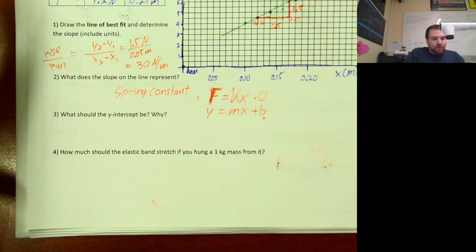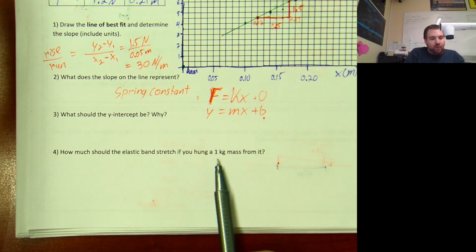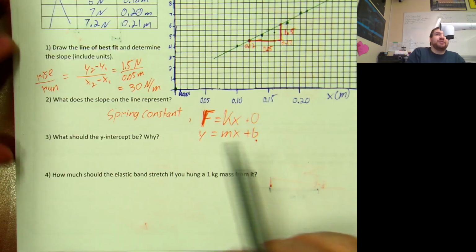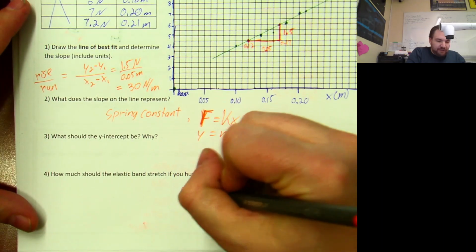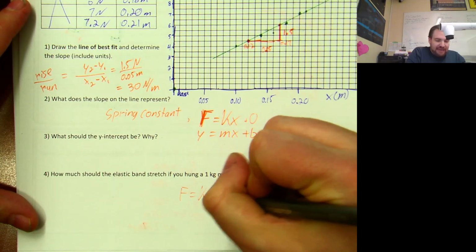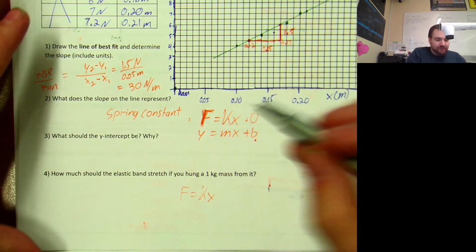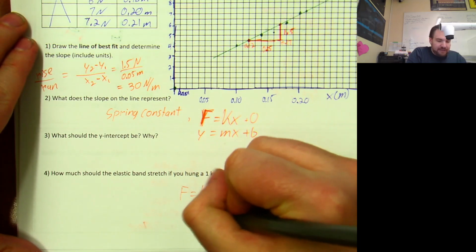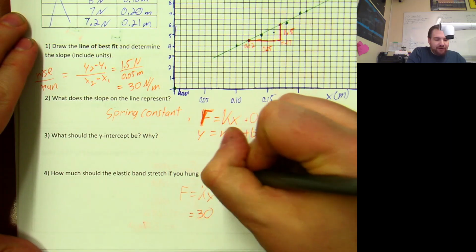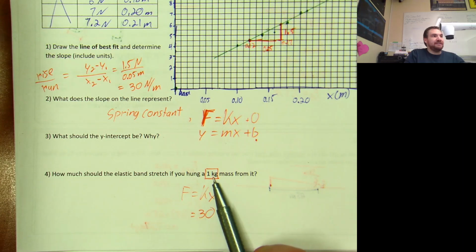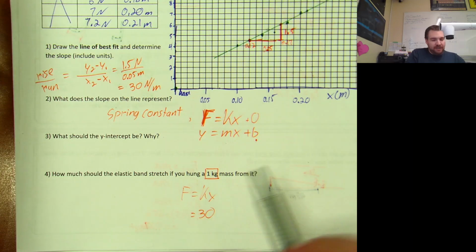And then how much should the elastic band stretch if you hung a 1 kilogram mass from it? We can use the result we had here, F equals kx, and I know my k value is basically exactly 30. A 1 kilogram mass, how do we figure out the force a 1 kilogram mass exerts? Times by 9.8, good.